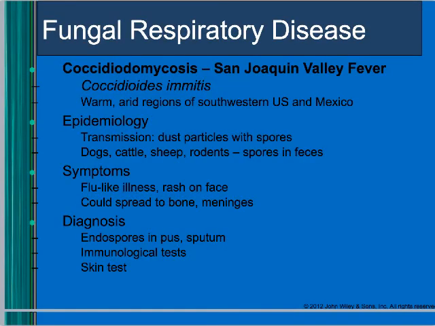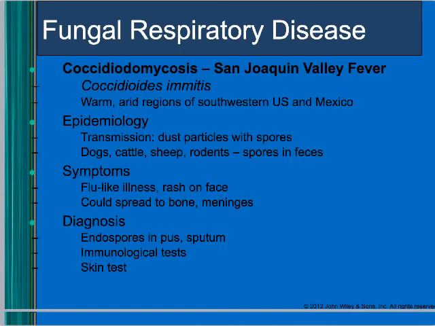Now, there are fungal respiratory diseases, but there's not as many of those as the bacterial and the viral ones. One is coccidioidomycosis, which is also called San Joaquin Valley fever. It's in the dry areas of the Southwest, and it's found in the feces of animals.